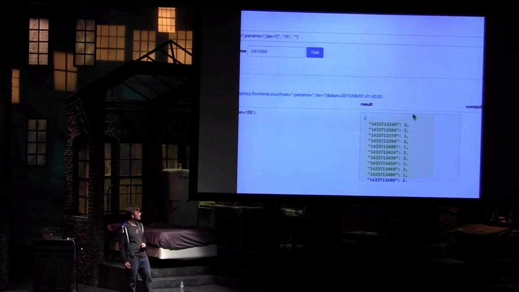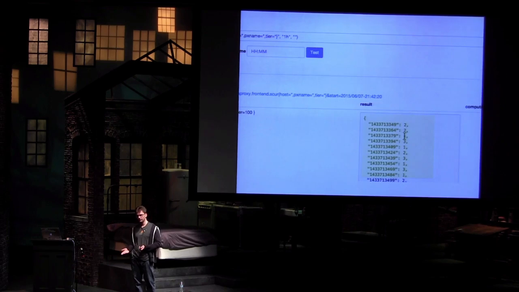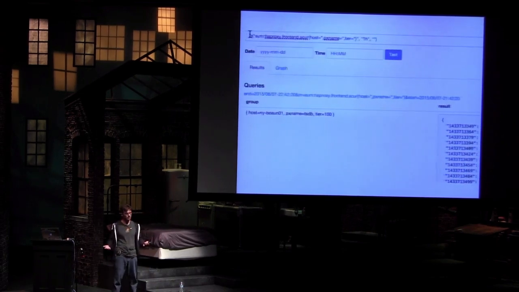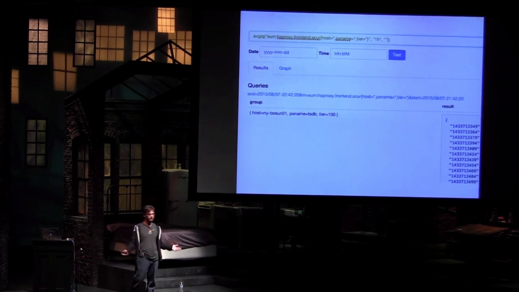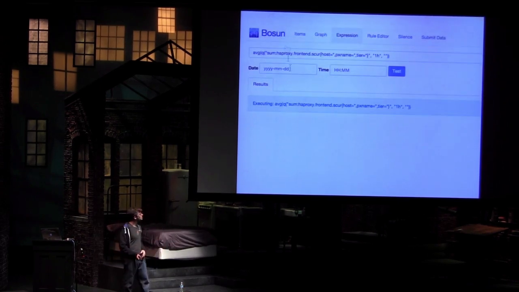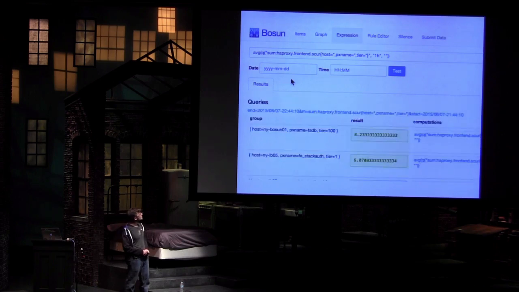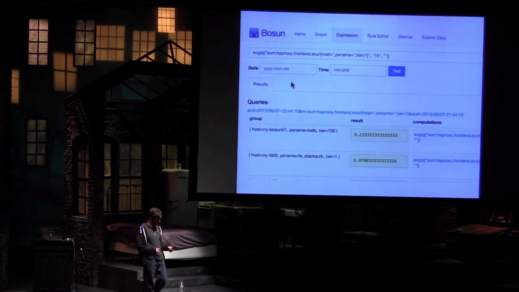And each set is going to have a result type. It's going to be a series or a number. In this case, it's a series. So we need to reduce it to a number. And we do that with the reduction function. In this case, it's average. You could do percentiles, maximum, which of course are the same thing. We have a whole bunch of them. And then you see we have these single numbers.